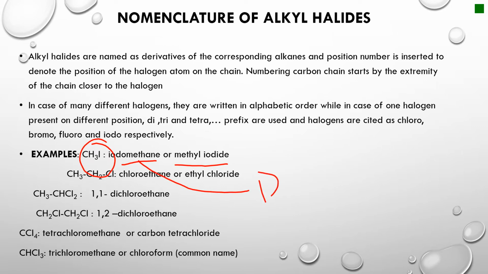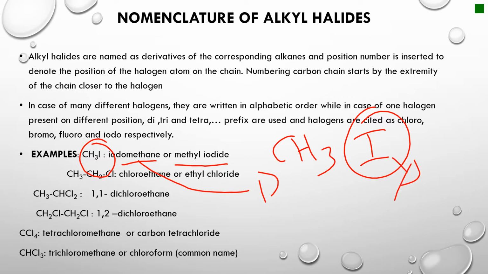The molecule is composed of two main groups. There is CH3 and there is I. The I is a halogen whose name is iodine, but because it is a substituent on this molecule, it has changed to iodo.